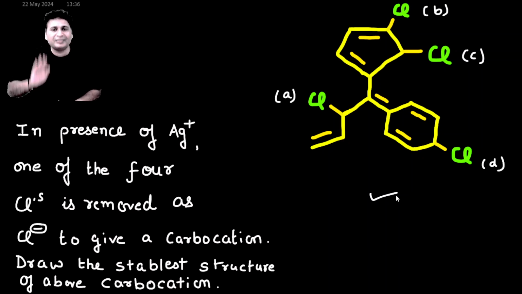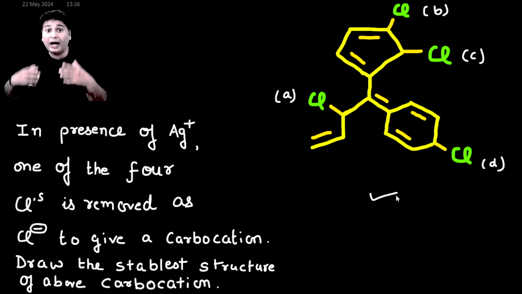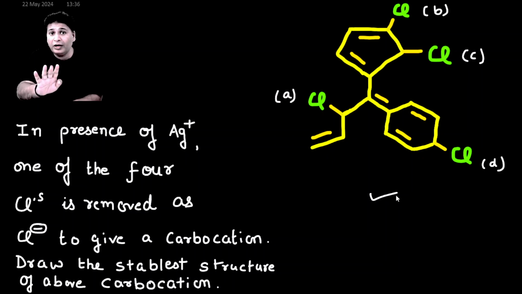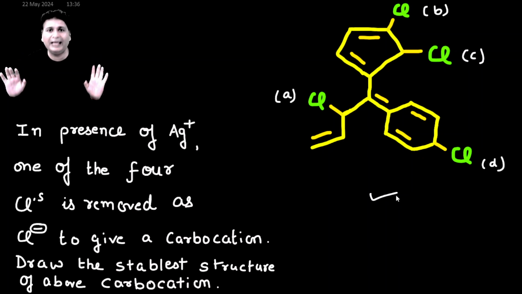After you have taken away the Cl-, a carbocation will be formed. Now my question is, which Cl is going to get removed? Out of 4, you have to choose one that will be removed easiest by the Ag+.